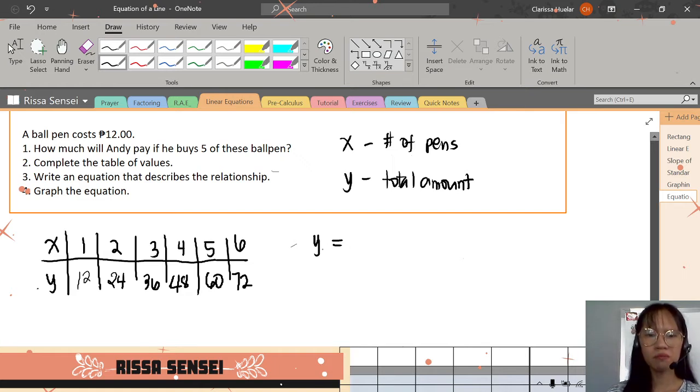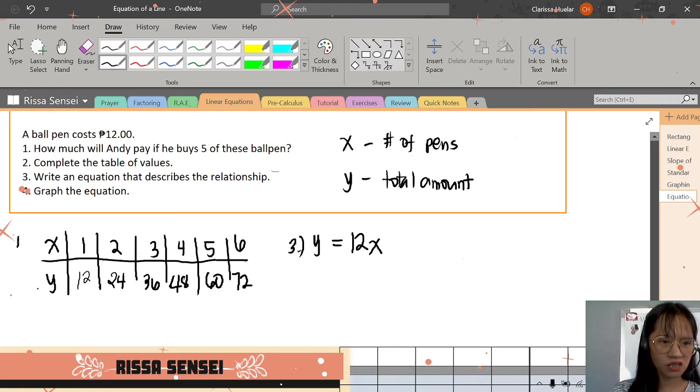Ang halaga ng isang ballpen ay 12 pesos. Tapos alam ba natin yung exact number of pens? So, hindi. And the representation of the number of pens is x. Okay? May i-add pa ba tayo doon? Wala na. So, the equation now is y equals 12x. Okay? So, ito na yung answer natin sa number 3.